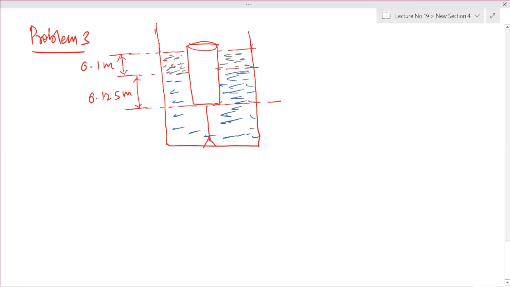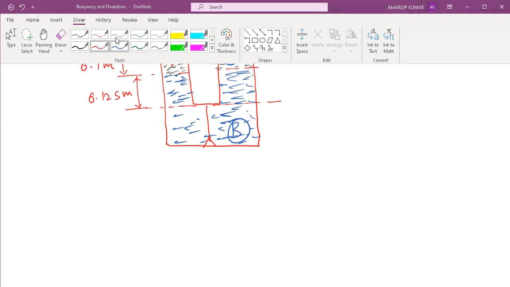So you have two fluids that I am writing here: this is fluid A, and this is fluid B. So this blue color is one fluid, and the black one is another fluid, and this cylinder's length extends more here. Okay, so don't think it is completely submerged.